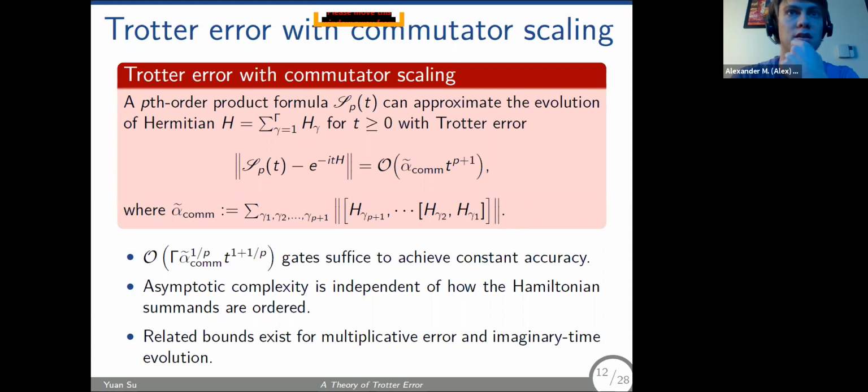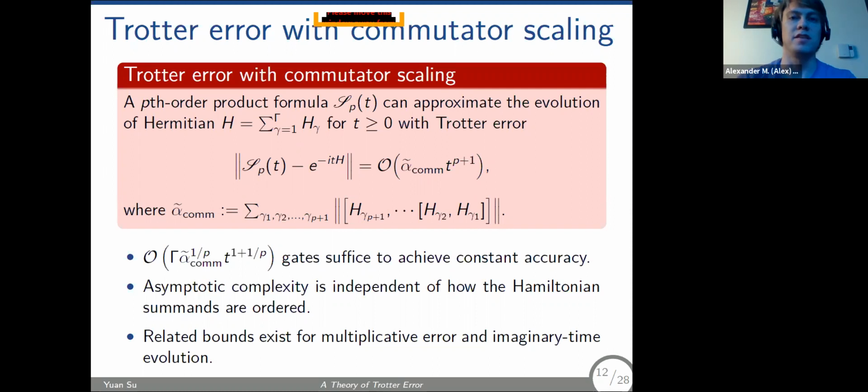If you just do this naively, you get gamma to the p plus 1 power, so you get something like gamma to the p plus 1 over p. But if your Hamiltonian has some commutativity property, then you can get a much smaller commutator from this expression, and you get a much smaller quantity here. So this will give you a better gate complexity in the end.